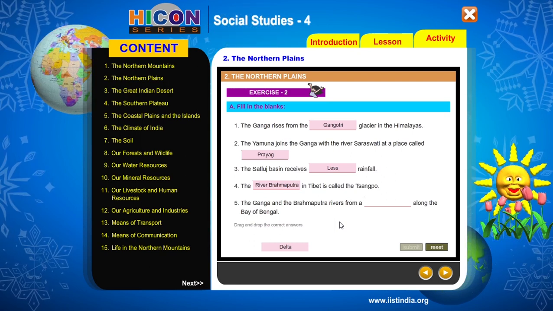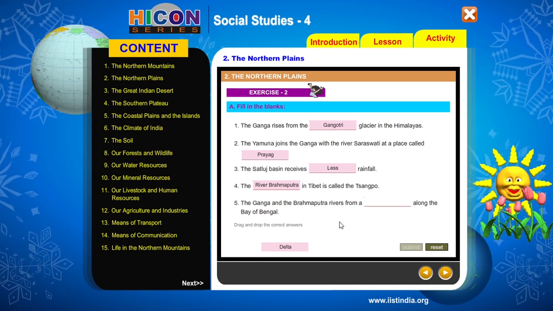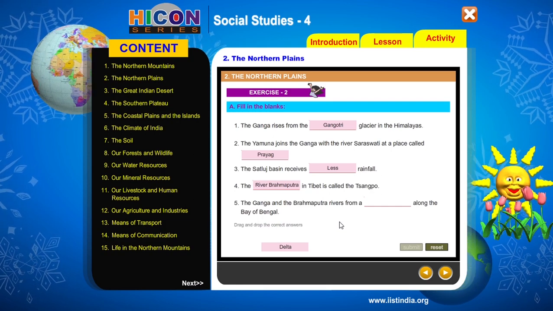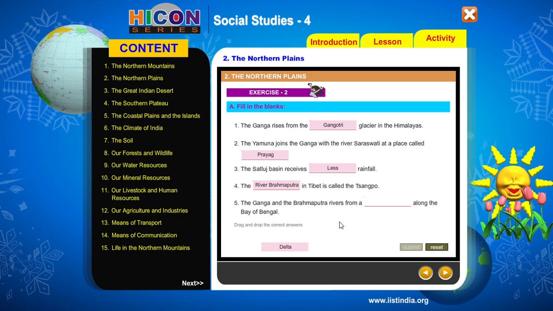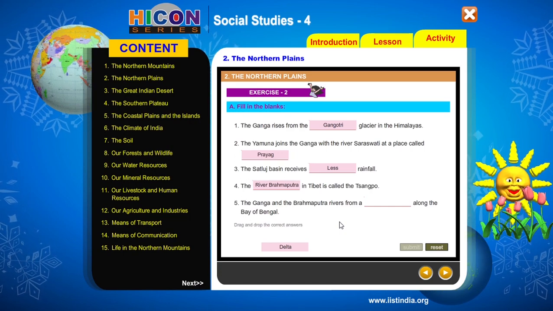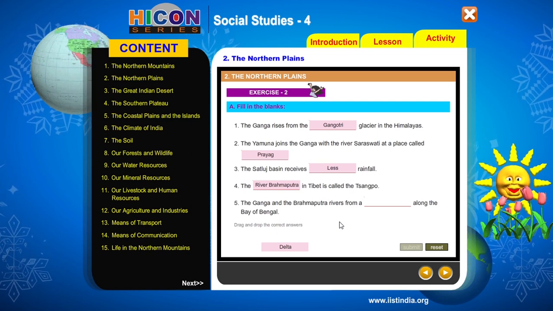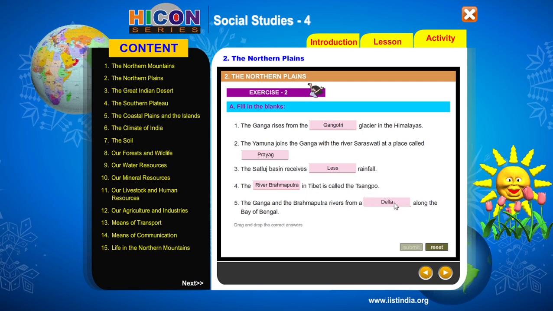And the other part flows again eastwards, known as Padma, to which Brahmaputra comes from the eastern direction and joins. And all these together form one of the biggest deltas in the world, known as the Sundarban Delta, isn't it? Yes. So the Ganga and the Brahmaputra rivers form a delta along the Bay of Bengal.